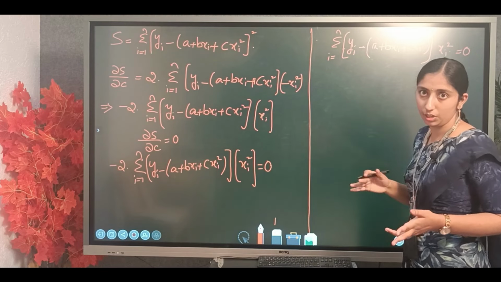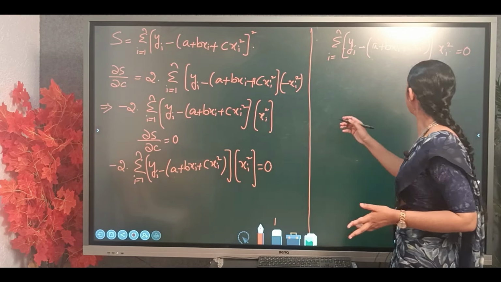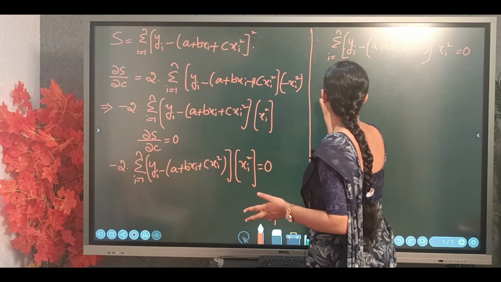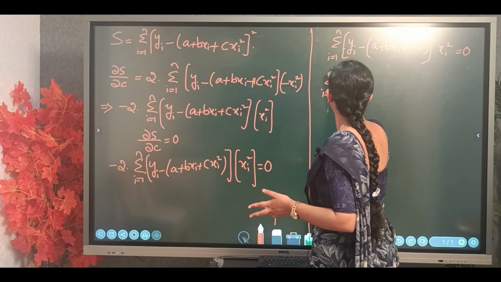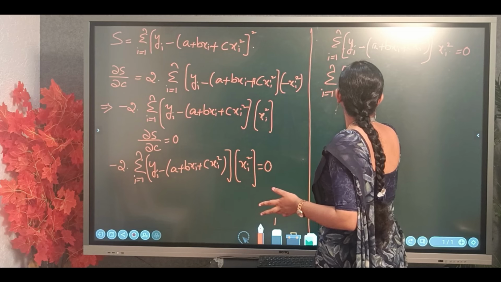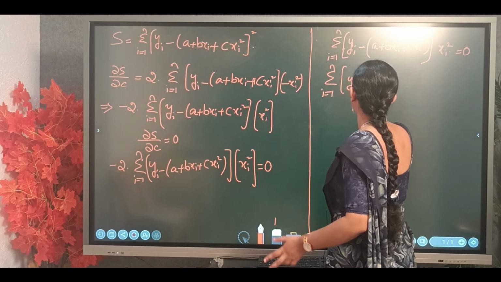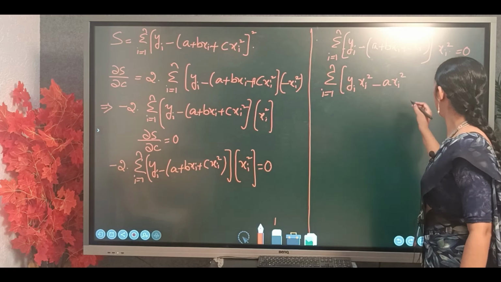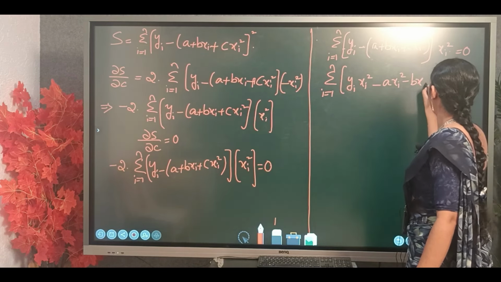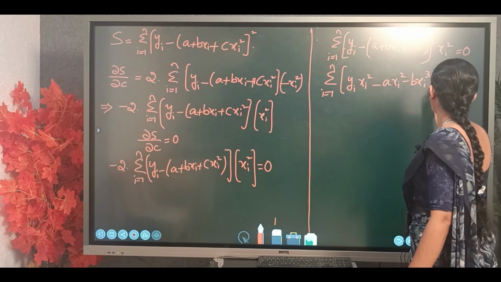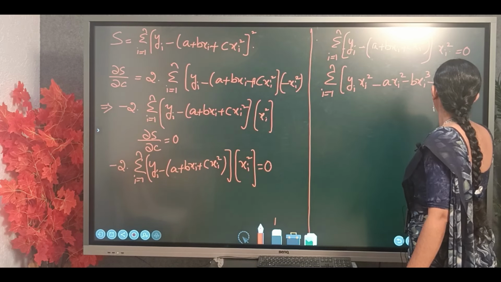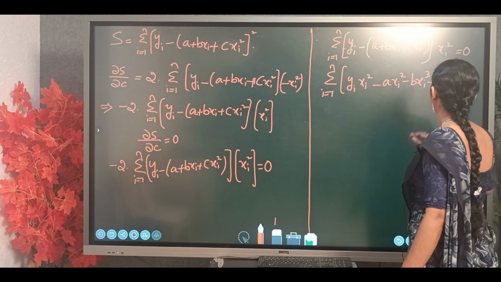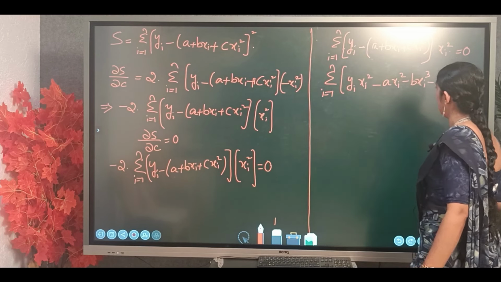Same procedure we have done earlier, we are repeating that process here. So what will we get? Summation i equals 1 to n of yi xi squared minus a xi squared, and again minus b xi cubed, next minus c xi power 4, is equal to 0.